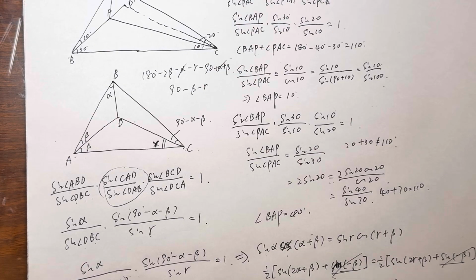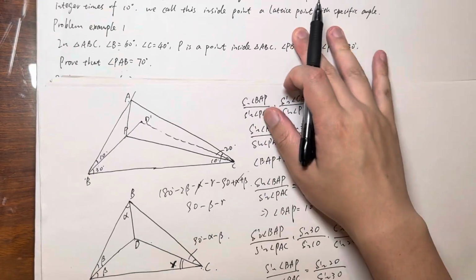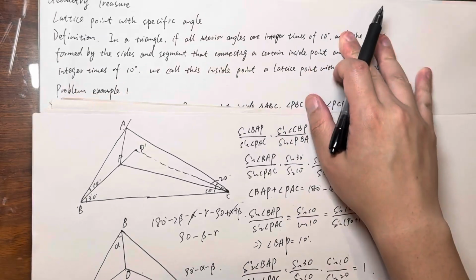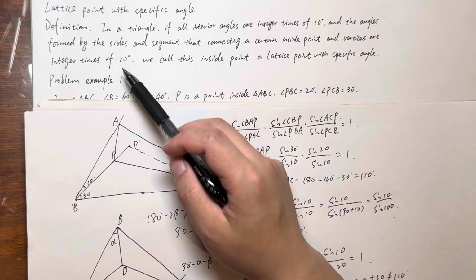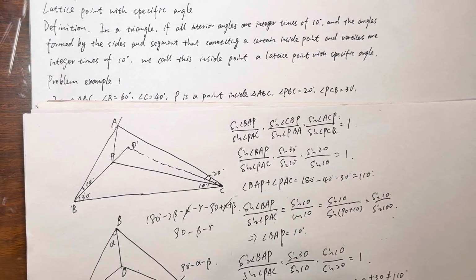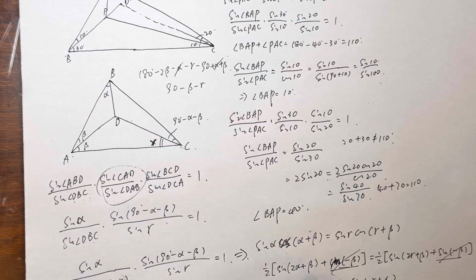Again, for lattice points, the definition of the specific angle here is integral multiples of 10 degrees, but it doesn't necessarily have to be this. You can define it like what we have in problem 3.